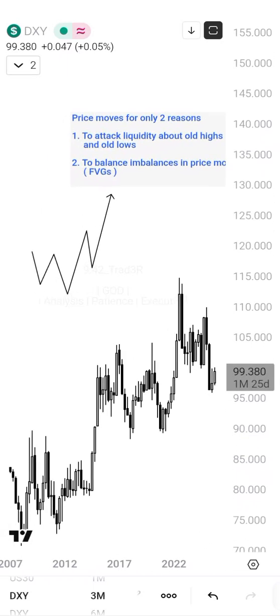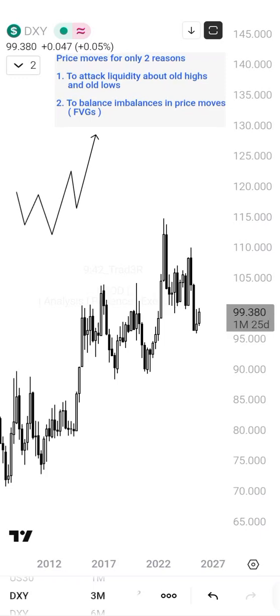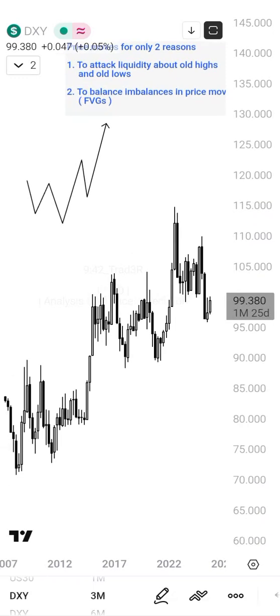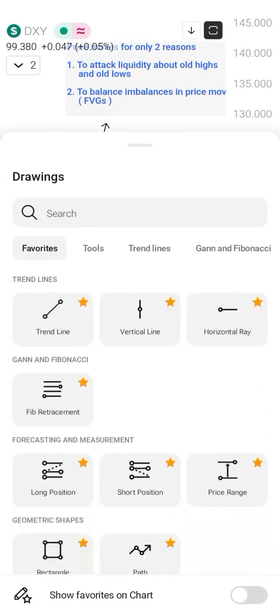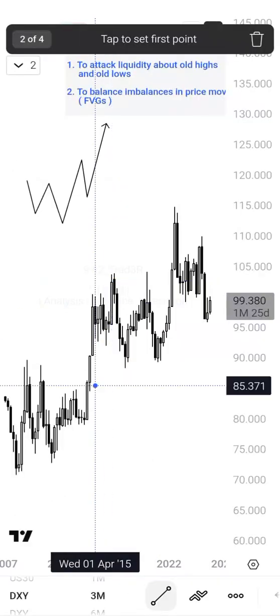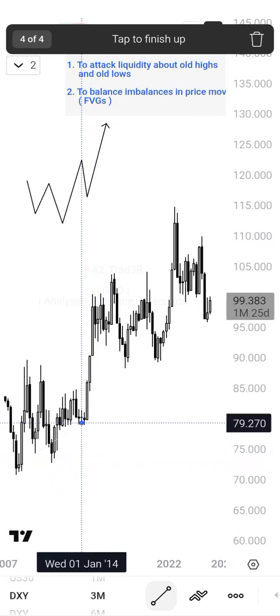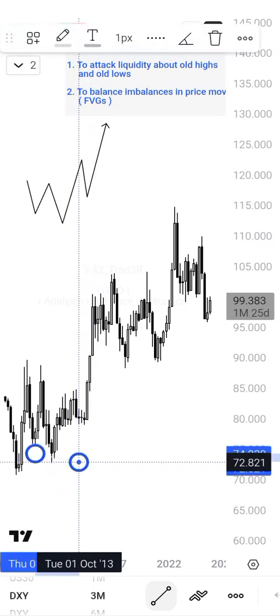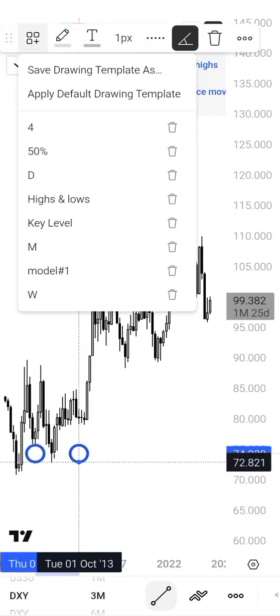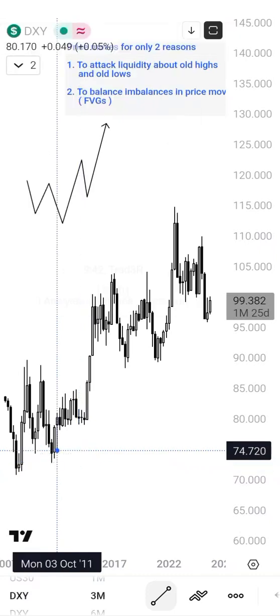So if you look at this DXY chart, you will see this behavior in price. You see this behavior, these reasons why price moves. You can see it down here.